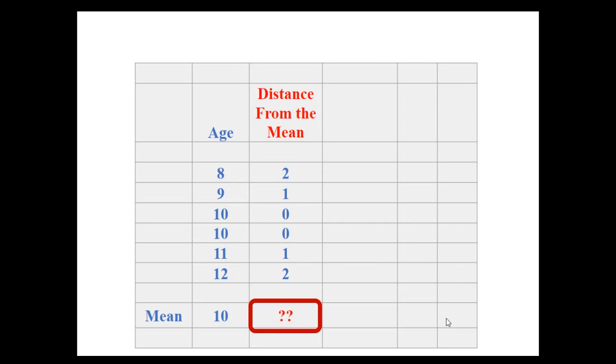And to find that out, we just add all these distances together, and divide by 6. So go ahead and calculate that. Add together all these distances, then divide by 6, since there are 6 scores, and get their average distance.